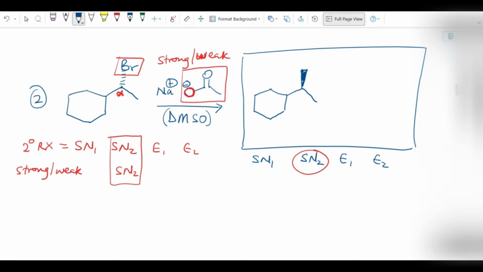So if the leaving group was originally on a dash bond here, the nucleophile will now be on a wedge bond. It will be on the opposite stereochemistry, which in this case is a wedge bond. So the SN2 mechanism always experiences inversion of configuration or stereochemistry.